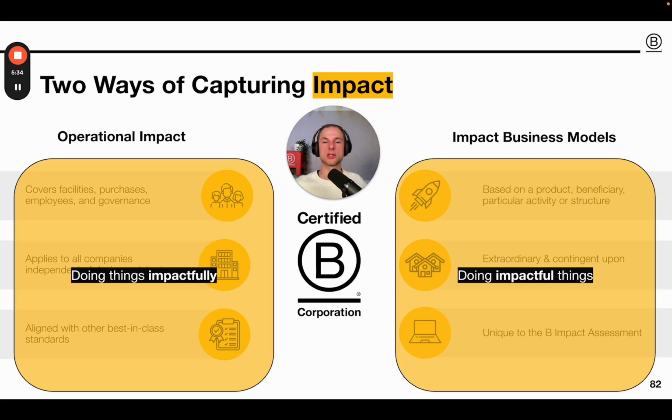Impact business models, on the other hand, are really trying to capture those companies that do impactful things. So those companies that are structured and designed to positively benefit a certain stakeholder, whether it's the environment, the ecological environment around them, or their employees. It's really about the activities and the design of your company. So doing the impactful things, doing the right things.